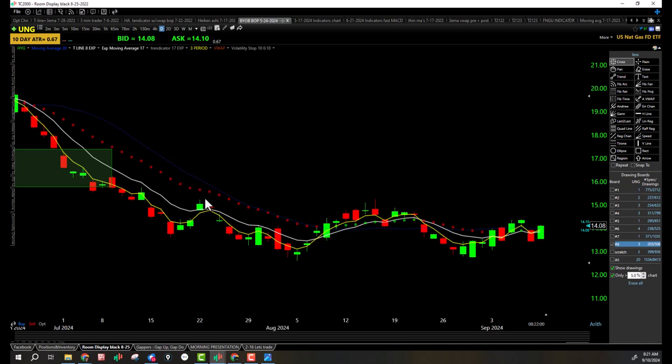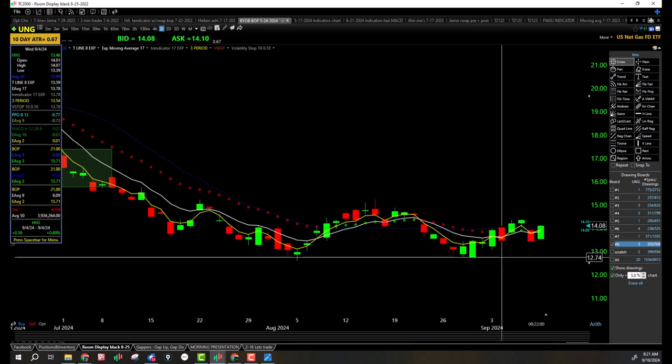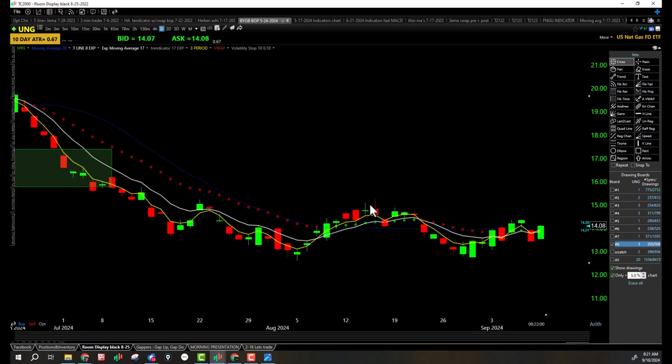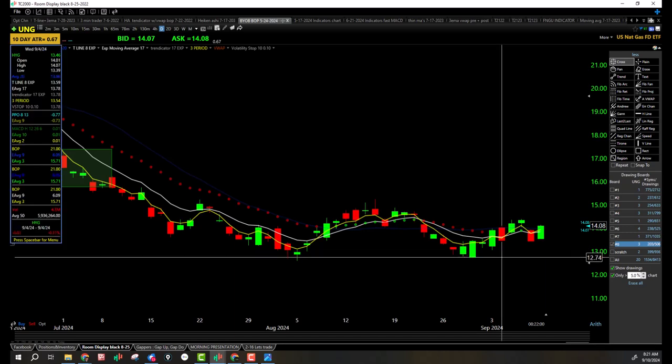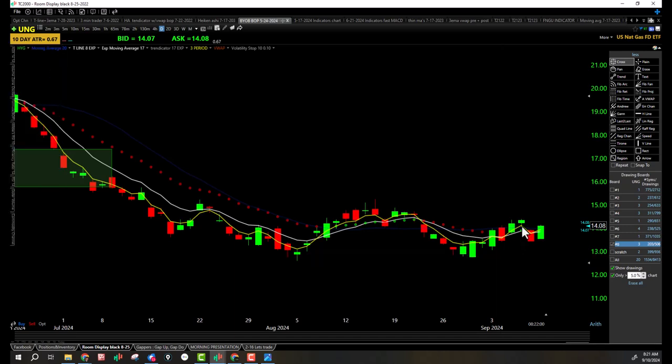And in order to go back into a downtrend, they'd have to take out this low. They failed to take out the low, but they did come uncomfortably close to taking out that low. You see that? So they still remain in the uptrend, and you can see them now recovering that. So now they've got kind of a squeaky higher low right there. Okay, so pressure's on to make a higher high right there on UNG.